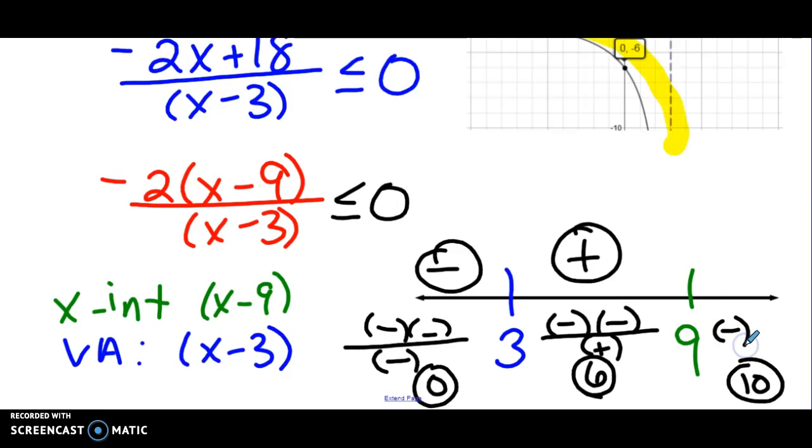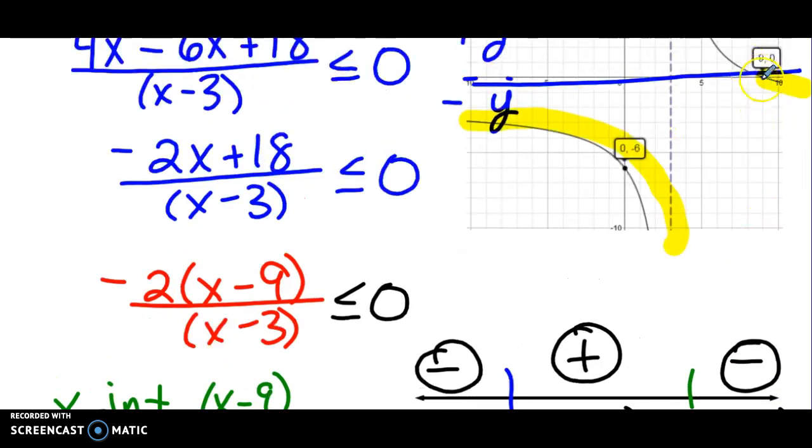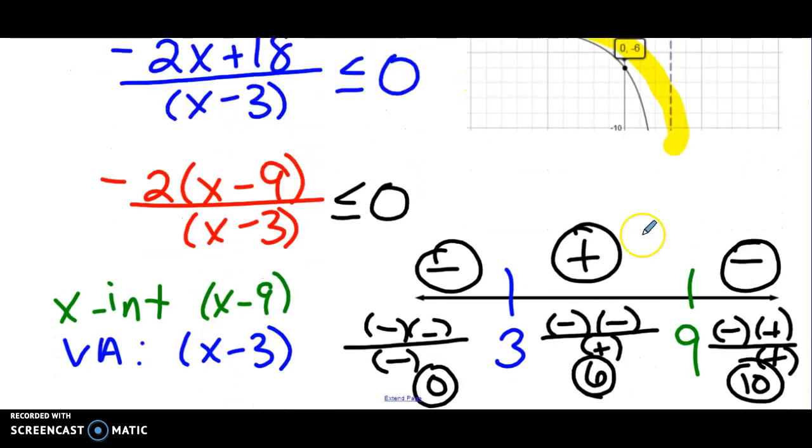Negative 2 is always a negative. 10 minus 9 becomes a positive, and 10 minus 3 becomes a positive. So one negative and two positives make a negative, and we see the graph falling below the x-axis there. So what that means is we're looking for outputs that are less than 0. So that means we're looking for negative values.